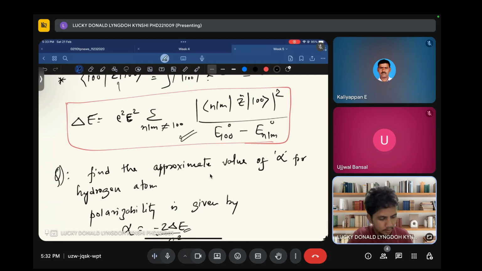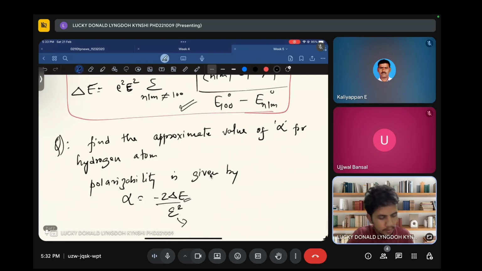Okay, and the only condition is that here your n should be greater than or equal to 2, because n cannot be equal to 100; n is equal to 1, n is equal to 2, n is equal to 3 for a hydrogen atom.